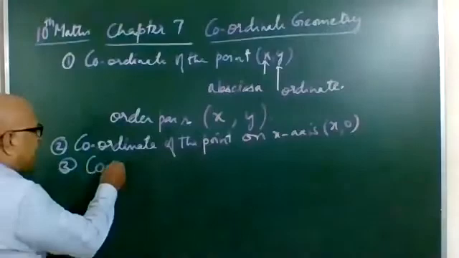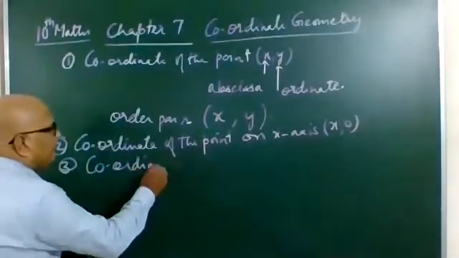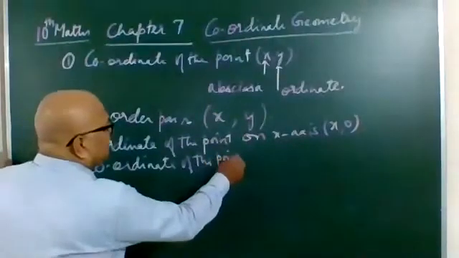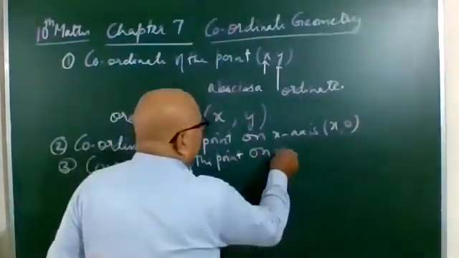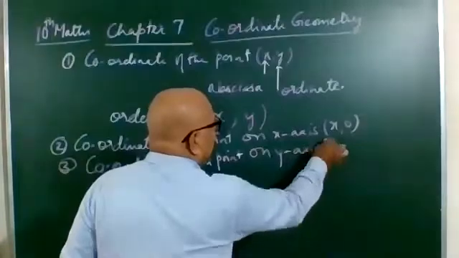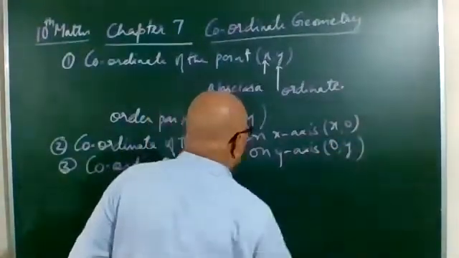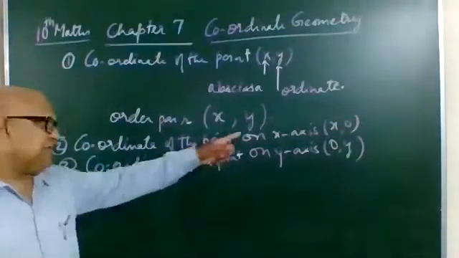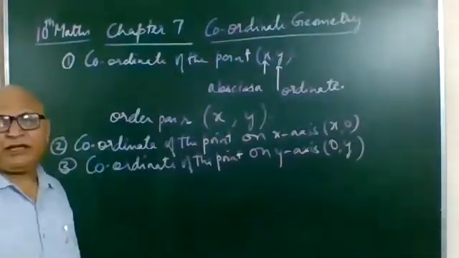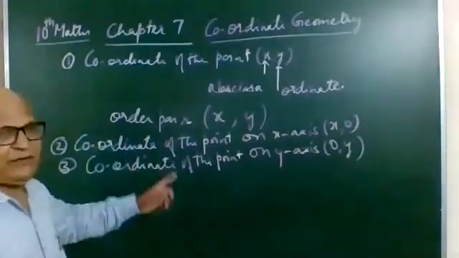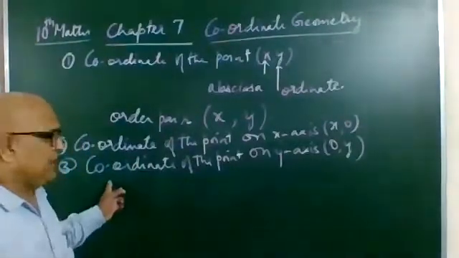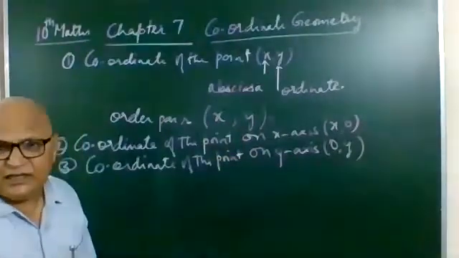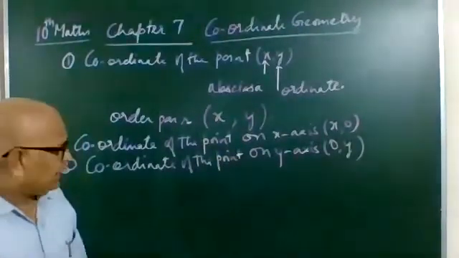Third, coordinate of the point on y-axis, 0, y. Coordinate of the point on x-axis is x, 0. Any point on the x-axis, the coordinate will be x, 0. And if the point is on the y-axis, we say 0, y.